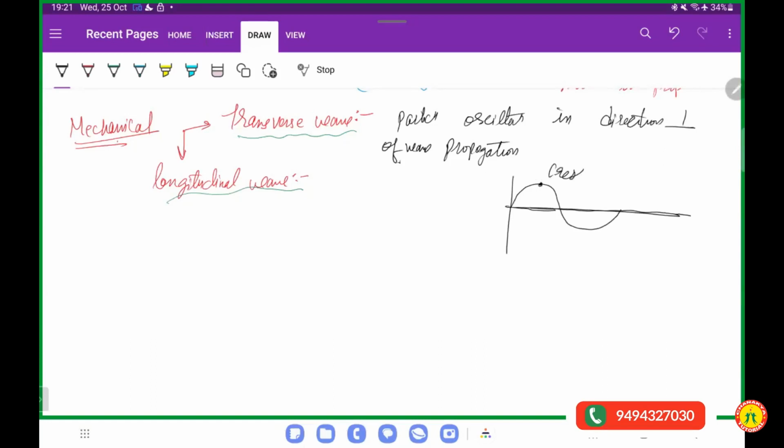So this is the crest. This is the trough. From this point to this point, or this crest to the next crest, or trough to the next trough, there is one wavelength. I'll draw it here, 0 to 0. It is wavelength lambda.